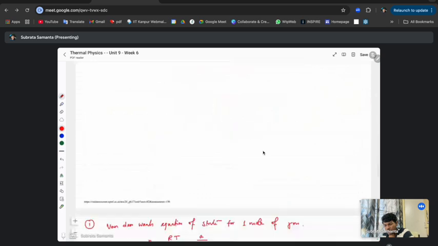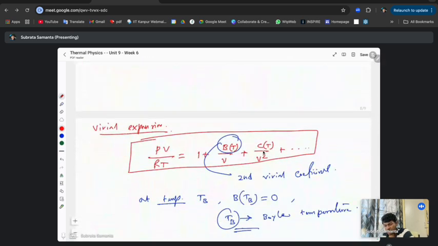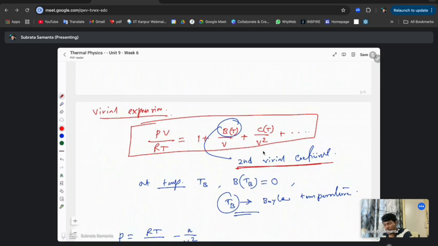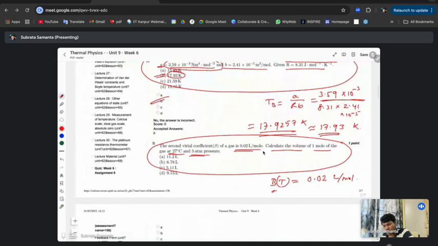So this is the second virial coefficient. You have to calculate the volume of 1 mole of gas at 27 degrees centigrade and 5 atm pressure.